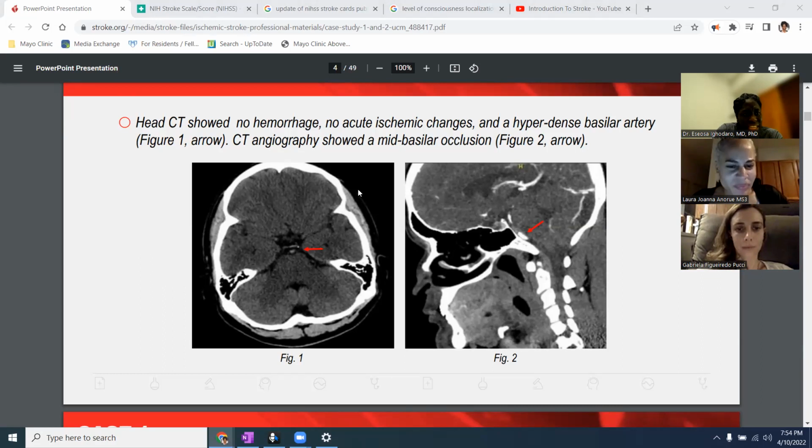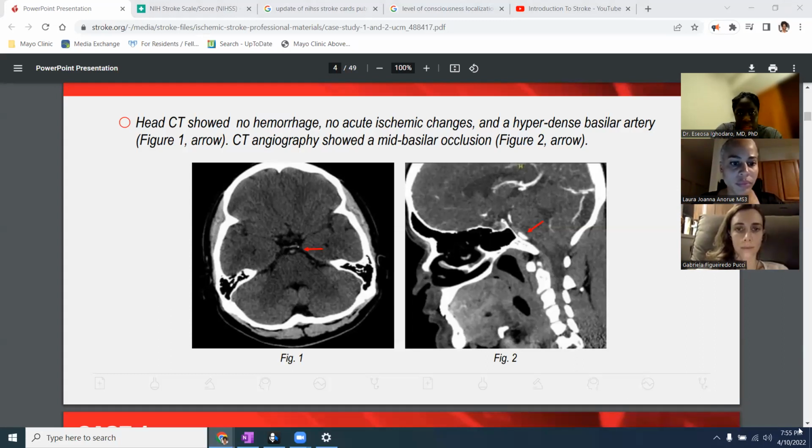So I haven't seen a lot of surgeons really go for the basilar, but the standard of care is if it's in the proximal M1 or an M2 branch, then they go for mechanical thrombectomy.